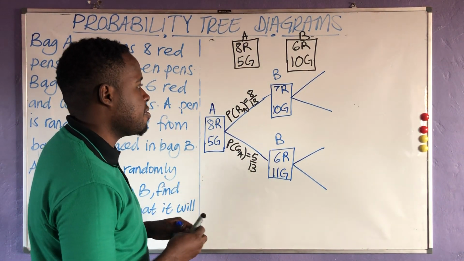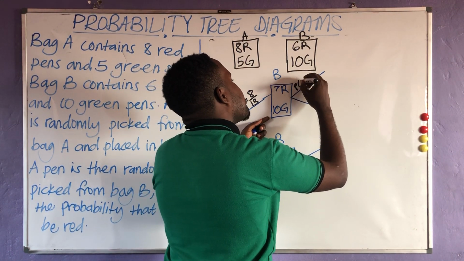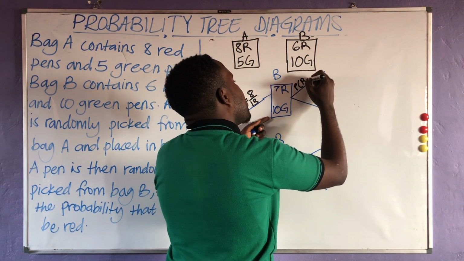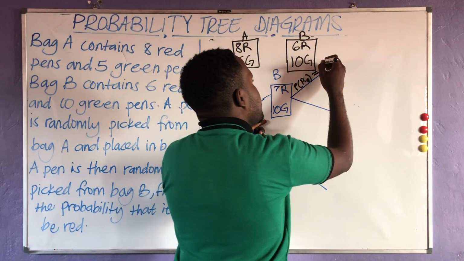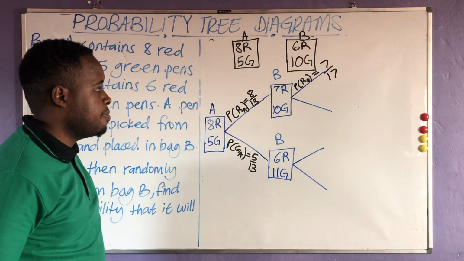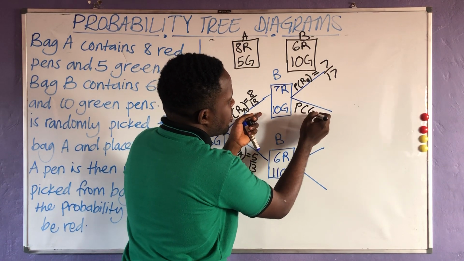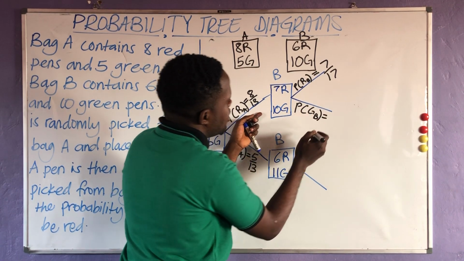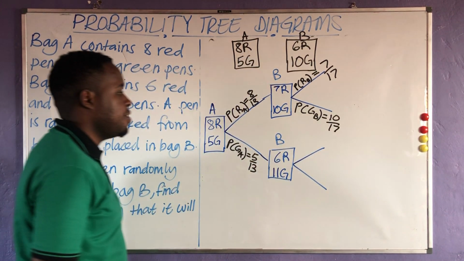So now here, we can have the probability of picking a red pen from bag B. This one is going to be equivalent to 7 out of 17. Then here we shall have the probability of picking a green from bag B. This one is going to be equivalent to 10 of 17.